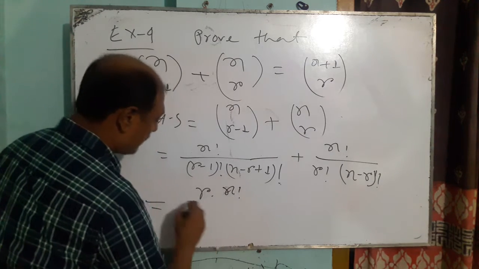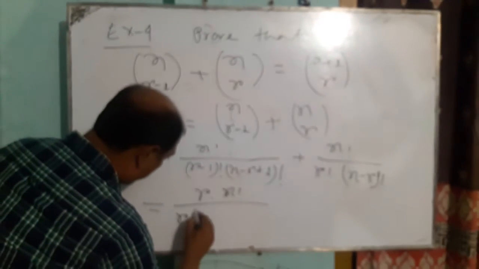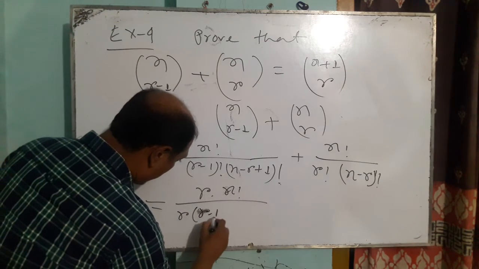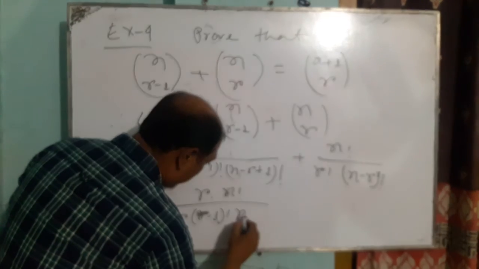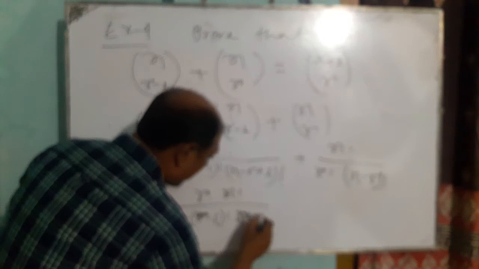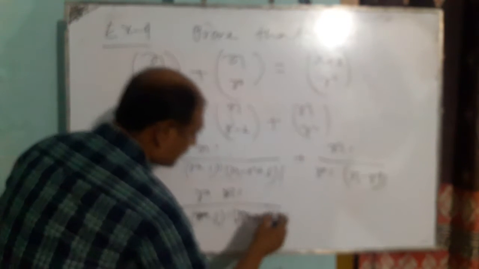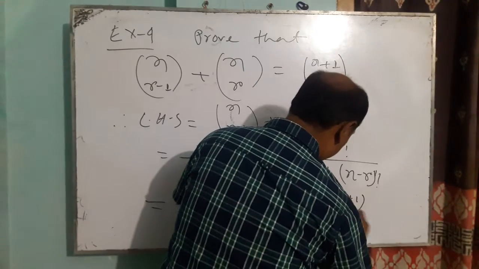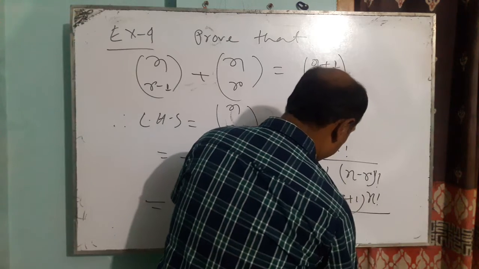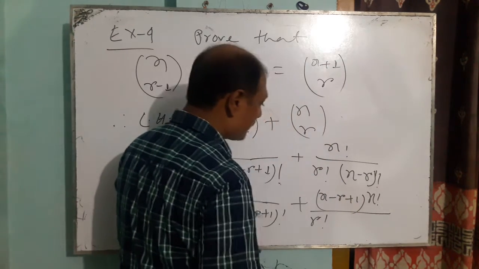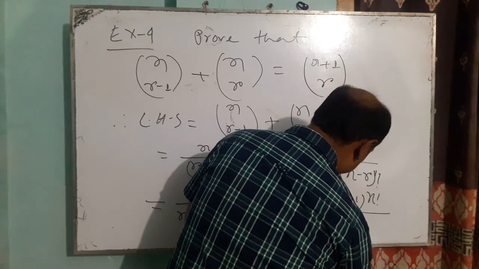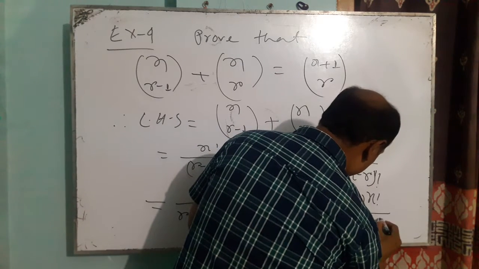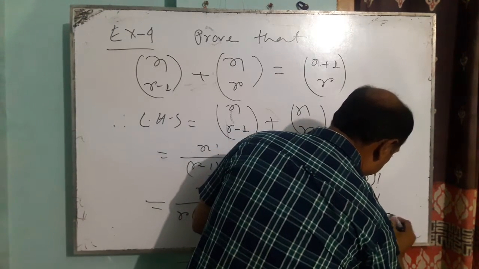Now multiplying r into r minus 1 factorial and n minus r plus 1 into n minus r factorial, that is equal to r into n factorial by r factorial n minus r plus 1 factorial plus n minus r plus 1 into n factorial by r factorial n minus r plus 1 factorial.